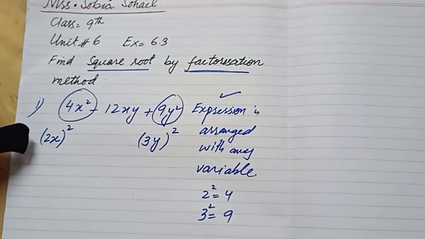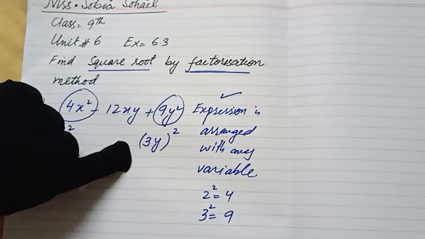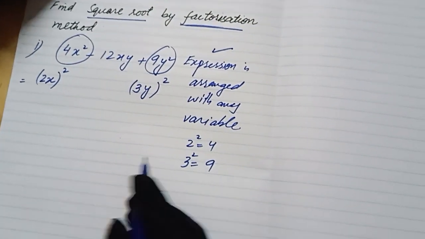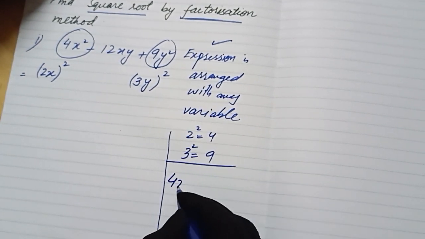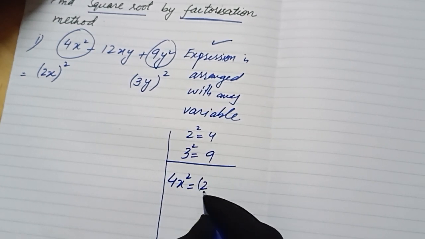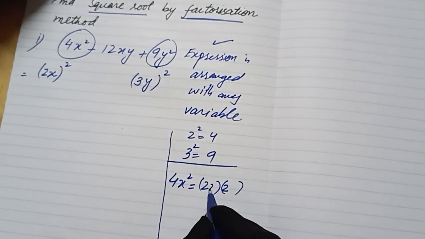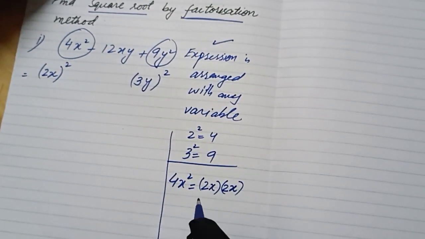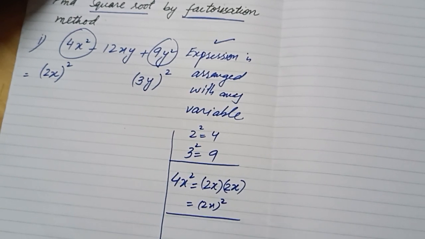So this expression can be written in the whole square form like this. If you still don't understand, you can make a working like this: the first term, factorize it into 2 equal factors. 4 can be 2 twos are 4, and x square can be x and x, so x square. After that you can write it like this.